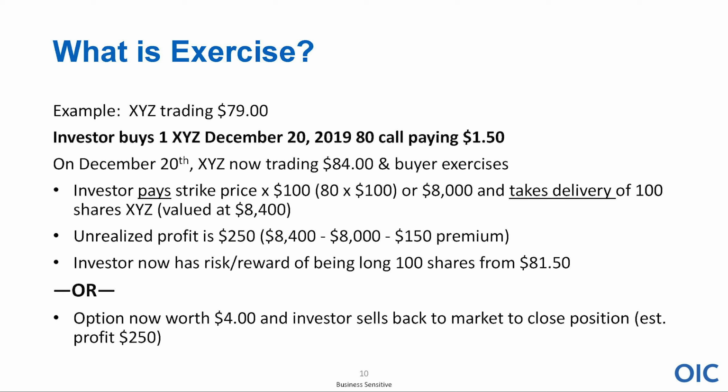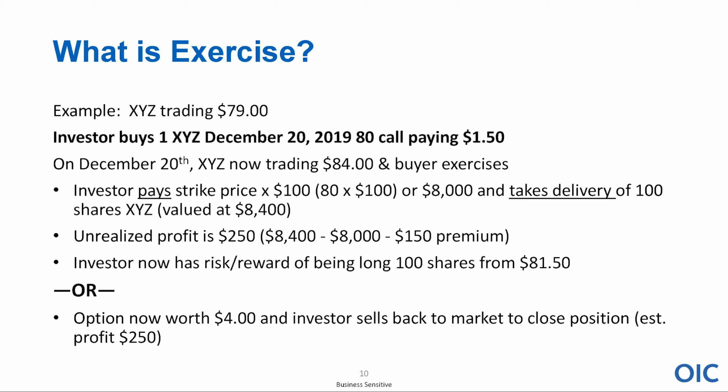Contact my broker, whether it's by phone or online. I'm going to sell to close one of the December 20th 80 strike price calls. And if the stock is trading at 84, I would expect that at expiration, that option would be worth approximately $4, wouldn't it? Maybe a couple of pennies less, maybe a little bit more. So what do I have then?